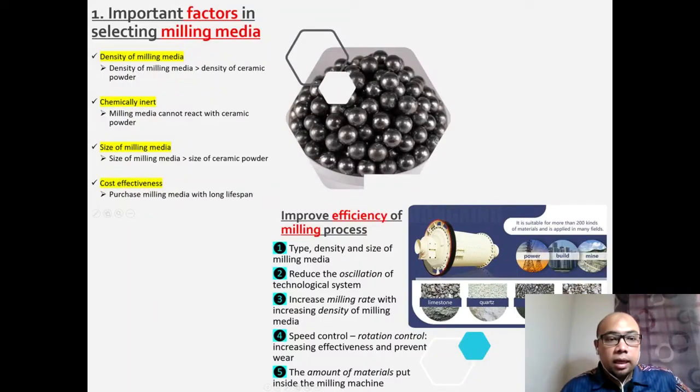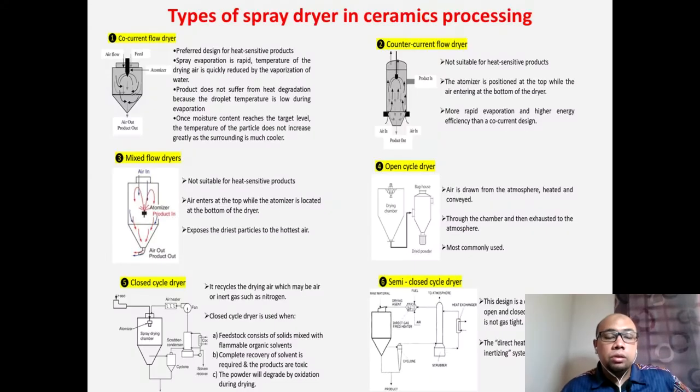Again, I just want to remind you, please understand this slide well about the factors, and also how to improve the efficiency of the milling process, and also examples of different types of spray dryer in ceramic processing.